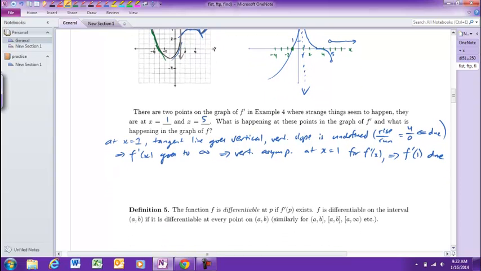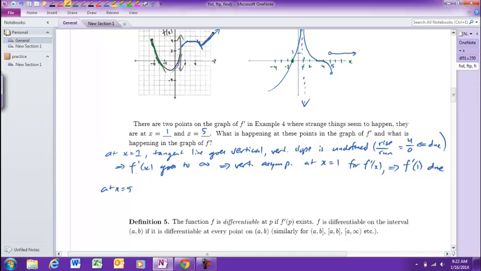Now how about at x equals 5? Well, on our function f of x, it has a sharp point, right? You may remember, I can erase a little bit of that so you can see the sharp point there. And what does a sharp point mean? It means the slopes are doing something on one side and the slopes are doing something different on the other side.